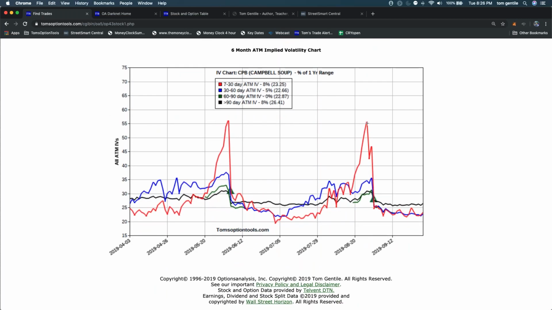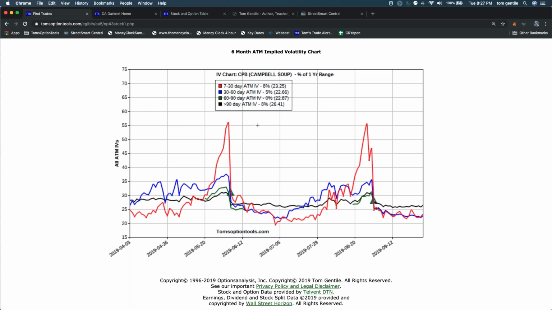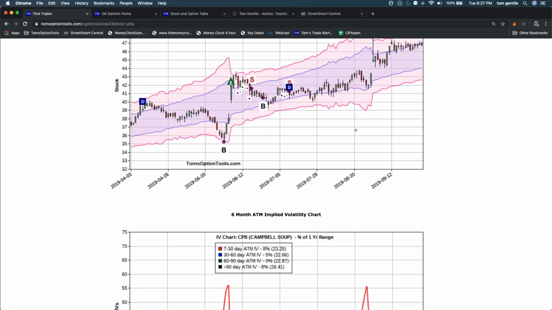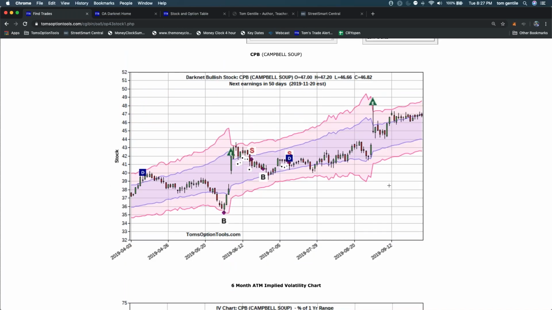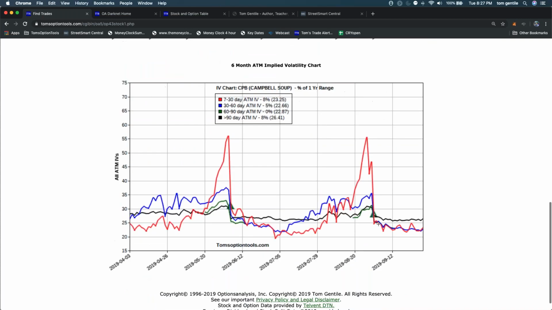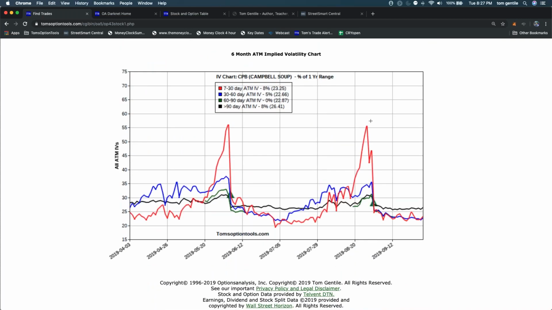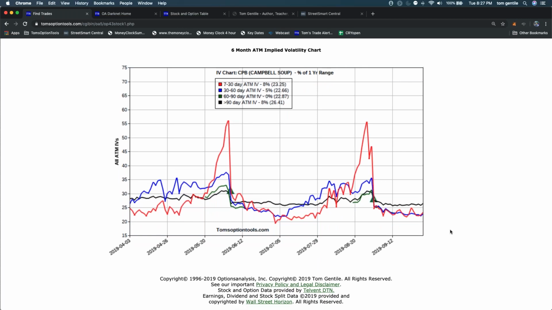They were high, trading around 55, around the beginning of June, and then again around the beginning of September. June, July, August, September, these are 3 months apart. What do you want to bet these happen to be the times that earnings came out? When we get close to earnings, Campbell Soup's options go up in value, and when we come out of earnings, they go down. But the stock has been rising very nicely.